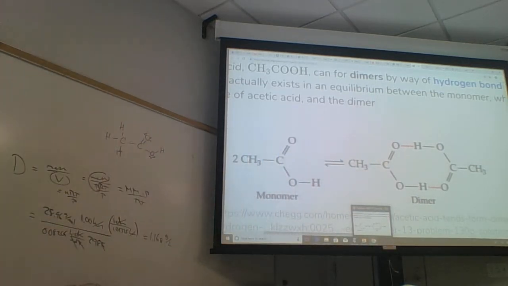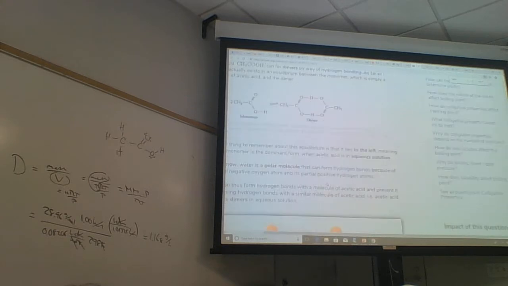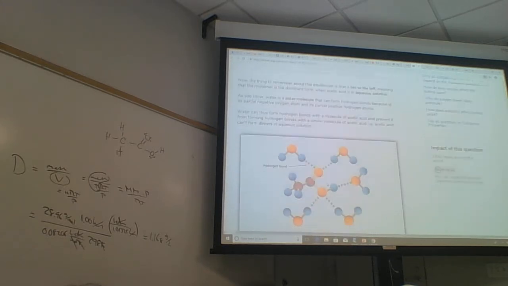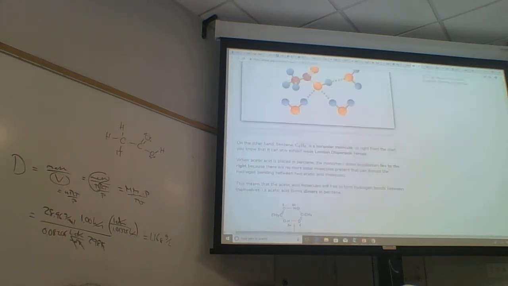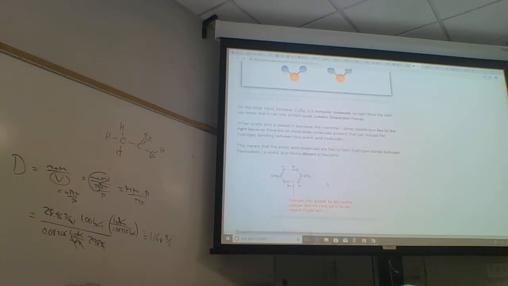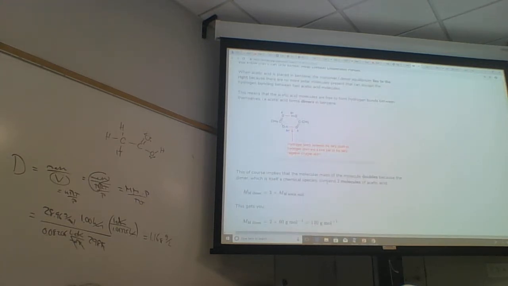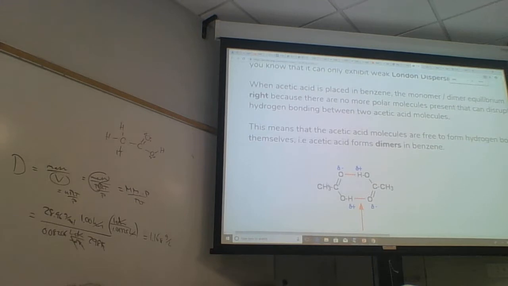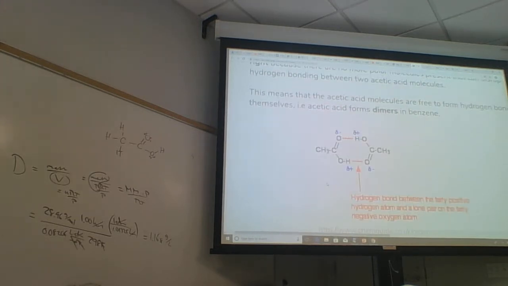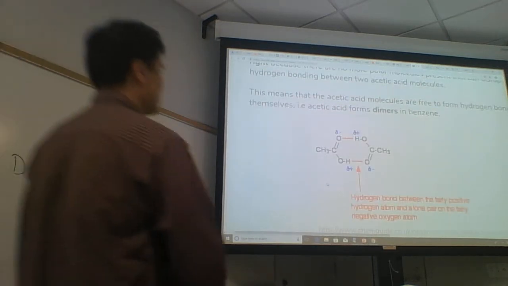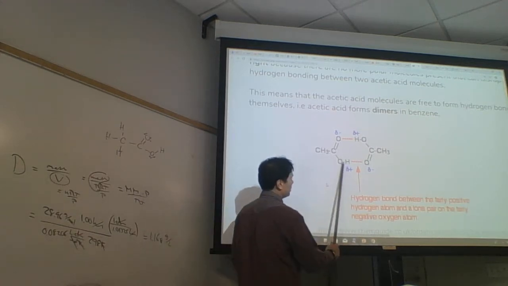There are other attractions present. What are they? Dipoles. Dipoles because H bonds are usually a big dipole.